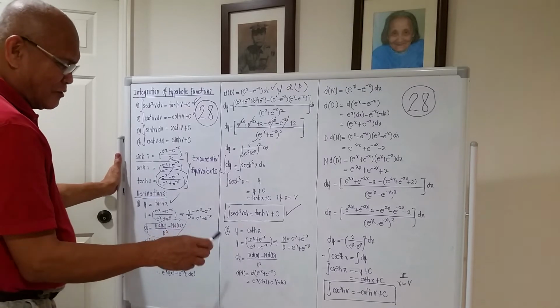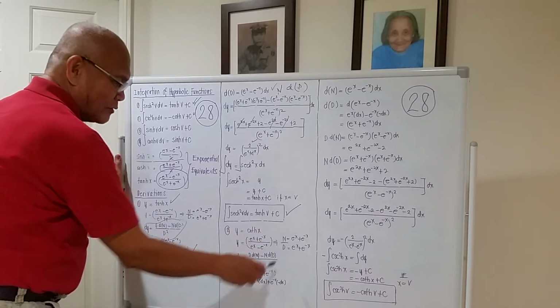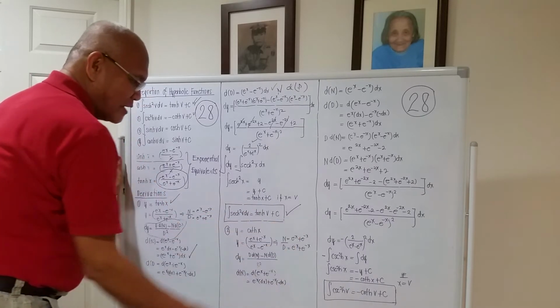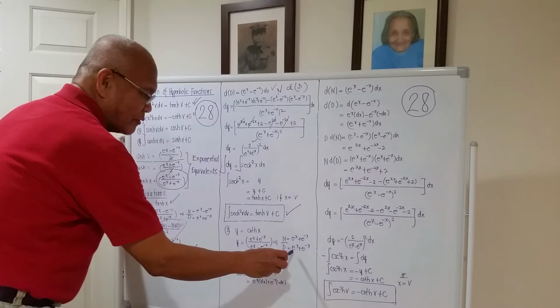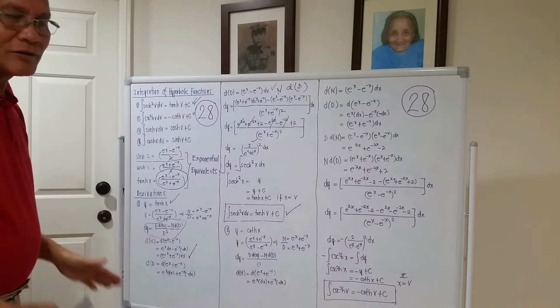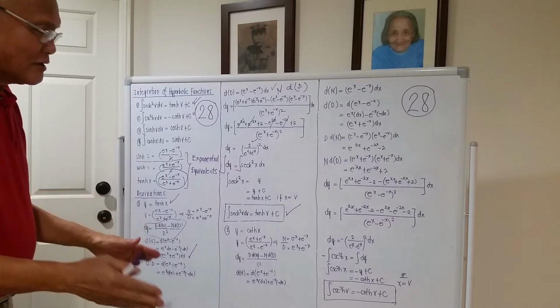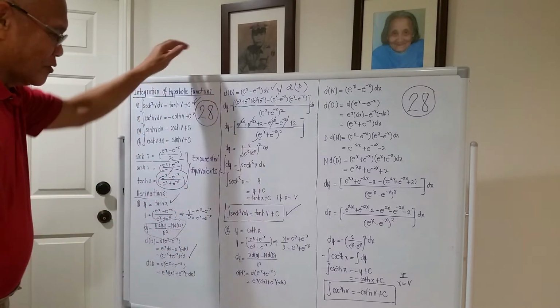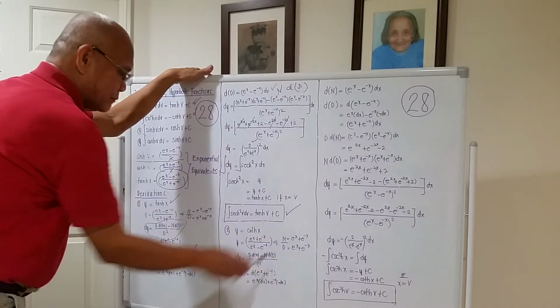And this is similar to the form numerator over denominator. I let the numerator be e to the x plus e to the minus x, and the denominator be e to the x minus e to the minus x. Why did I do that? Because I want to solve for the differential of the numerator and denominator separately. So I make a designation.